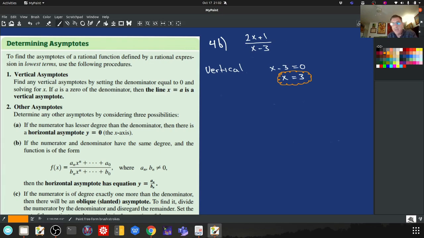Now the degree of my polynomial in the numerator is degree 1. And the degree of my q of x, my polynomial in the denominator, is also degree 1. So they have the same degree.